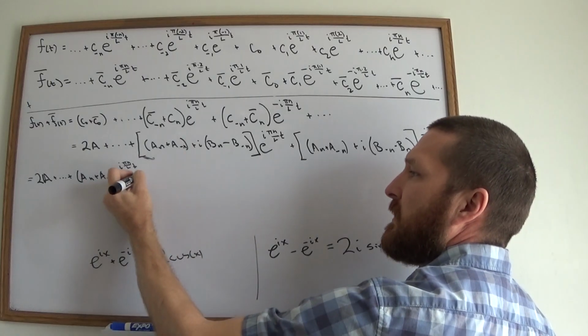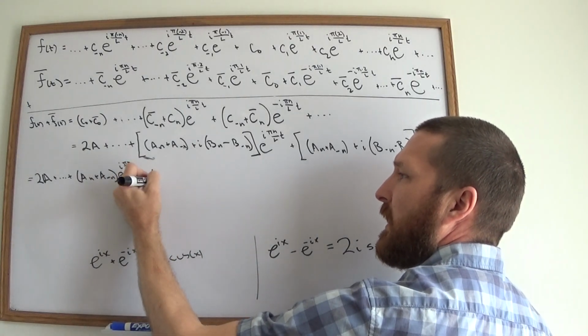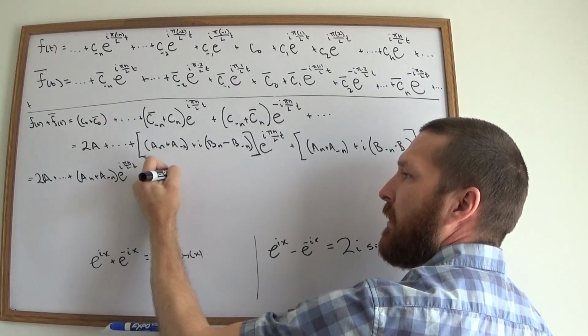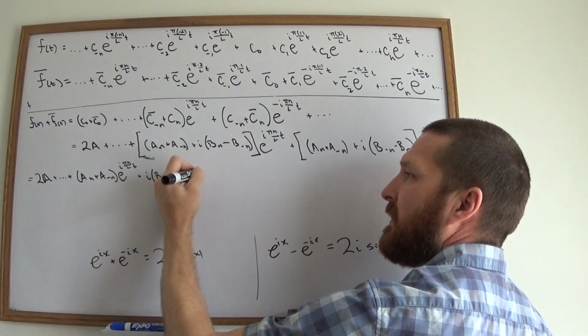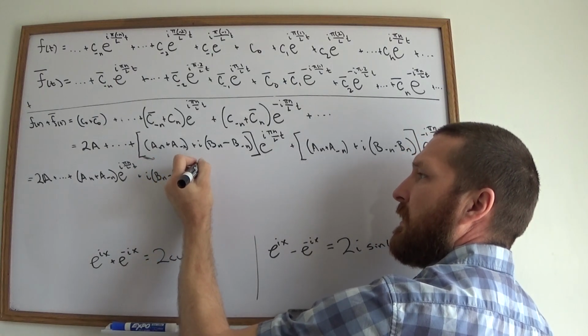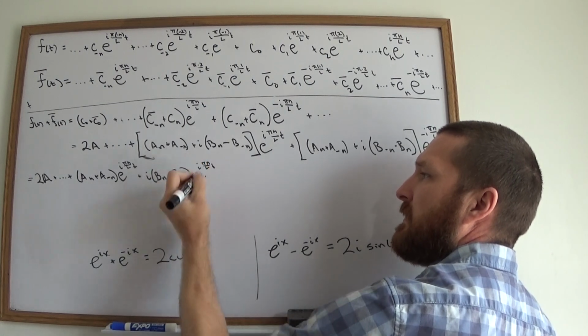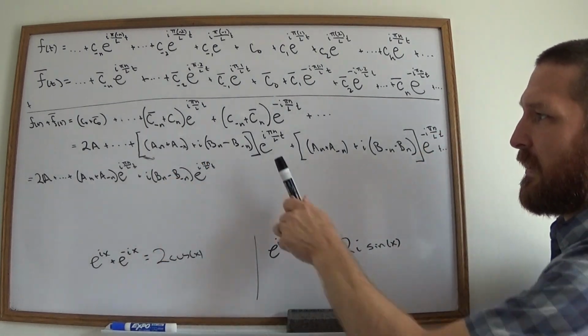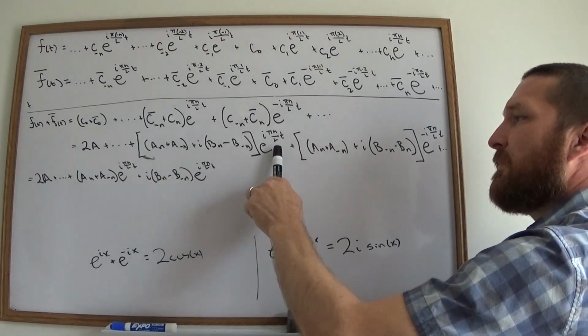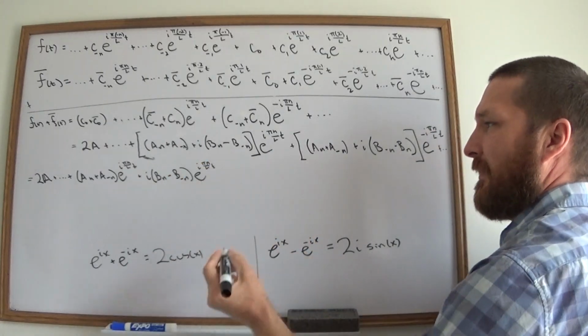This guy comes in as i times b n minus b negative n, e to the i pi n over L t. Okay, I just distributed him into there.